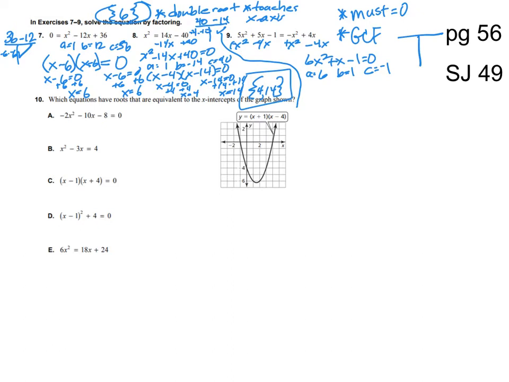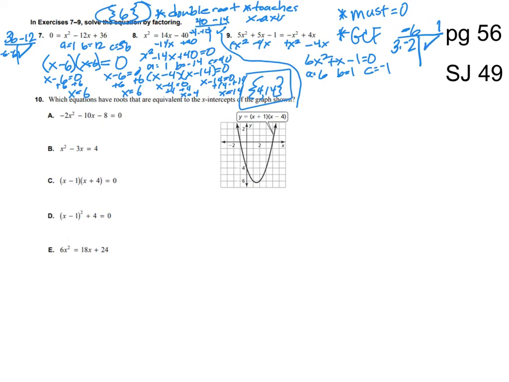A times C is negative 6, sum of 1. So I'm going to have a positive and a negative factor, and the positive one is going to be the bigger one. I believe that's going to be 3 times negative 2. 3 times negative 2 is negative 6. 3 plus negative 2 is positive 1.